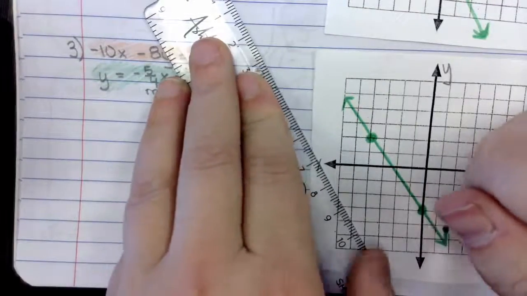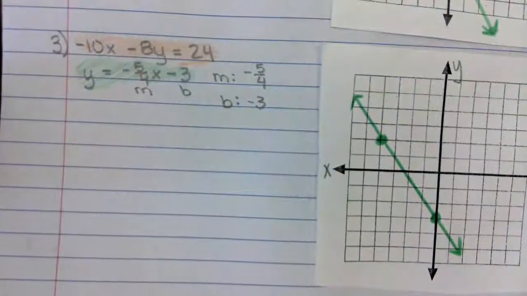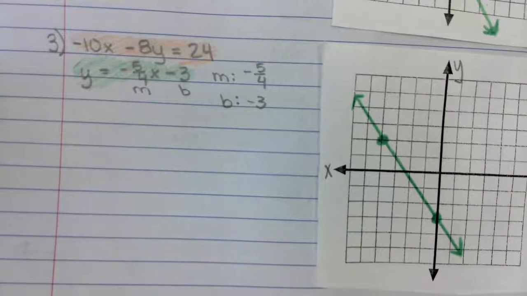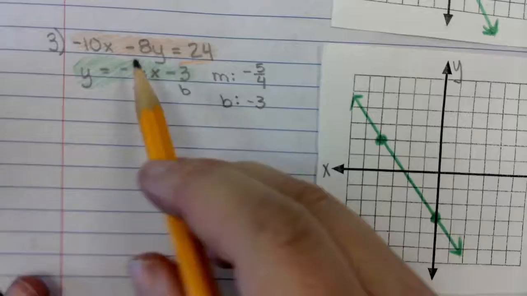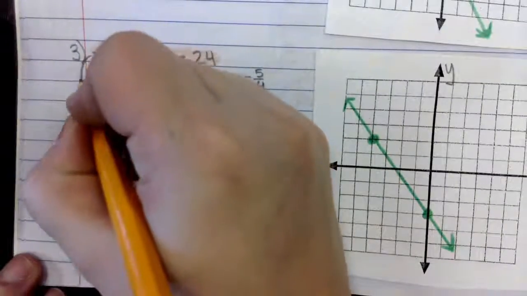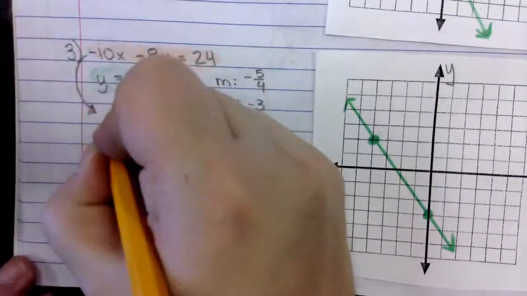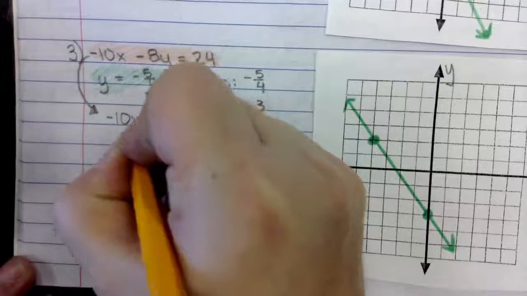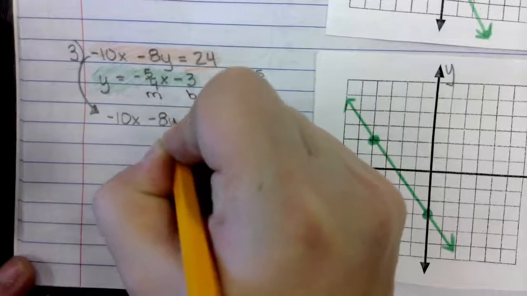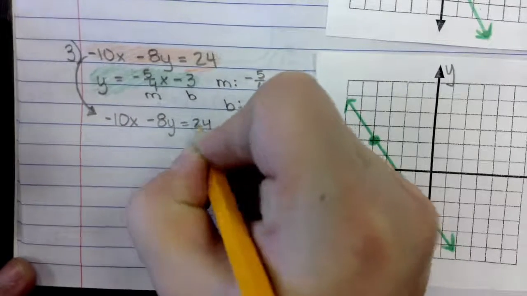Alright, now that orange one we want to graph on the same graph, so we need to change that one up. I'm going to do a little arrow here and copy it down: negative 10x minus 8y equals 24. We want to be able to graph that. So in order to graph it, what do we want to solve for?